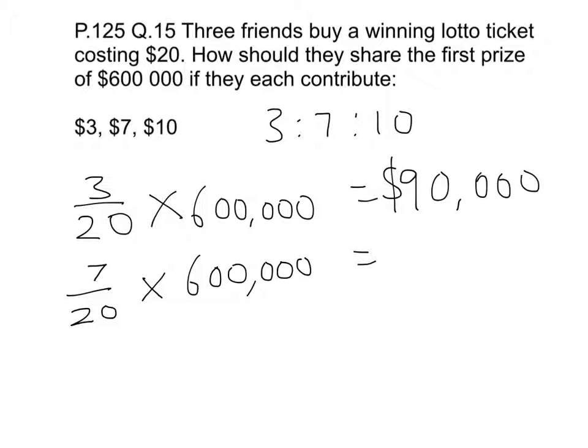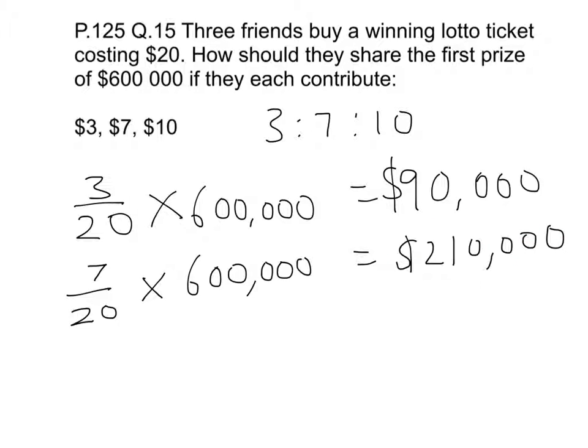And again, if we use the calculator, 7 divided by 20 multiplied by 600,000, we get 210,000. So the person that contributed $7 will receive 210,000.